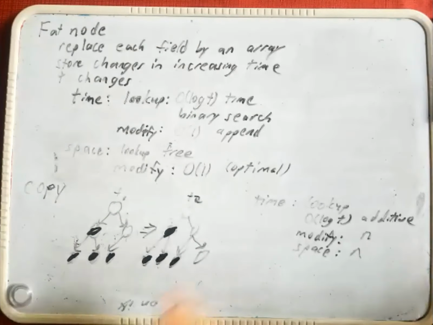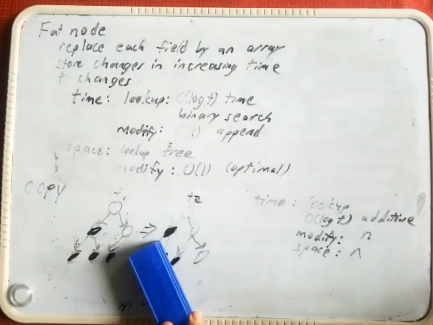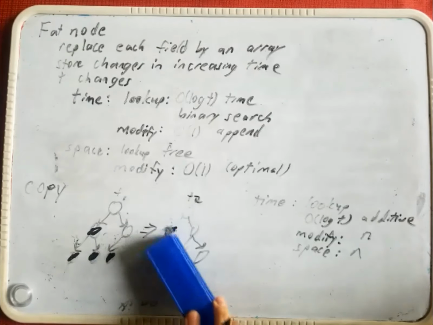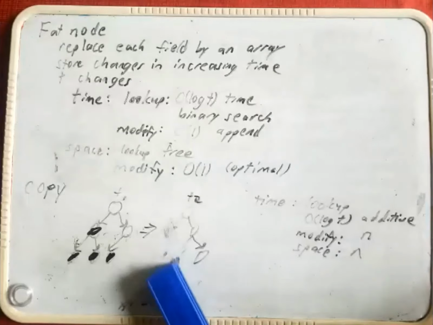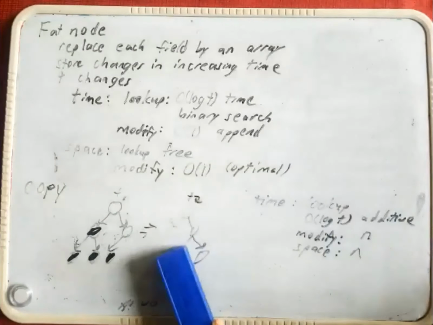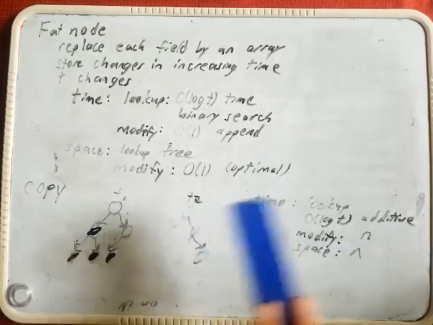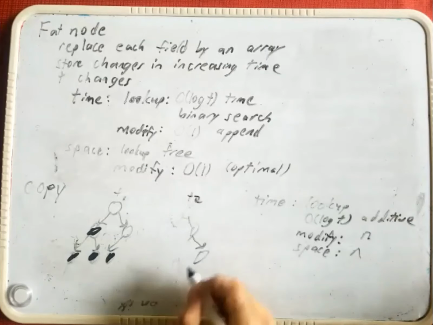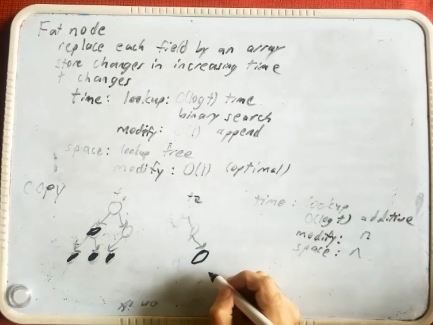So there's really no need for me to bother copying these completely unchanged nodes. Okay. But what do I need to copy? Well, I created a new node. I need to make that.